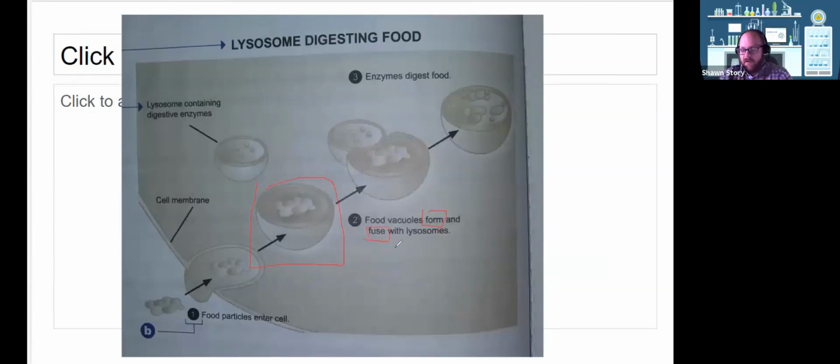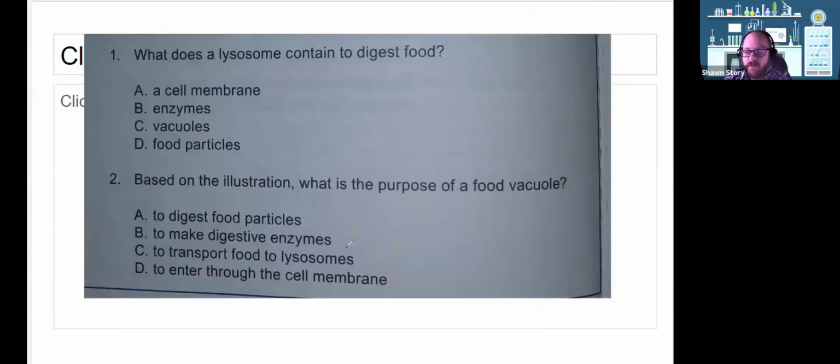We're looking for other words that mean form and fuse. What do we got? Digest food particles, to make digestive enzymes, to transport food to lysosomes, to enter through the cell membrane. To transport food to lysosomes? Yes, to form and fuse. Yep, to transport. So it's forming it, it's taking it, and connecting it. Form and fuse. Very good.